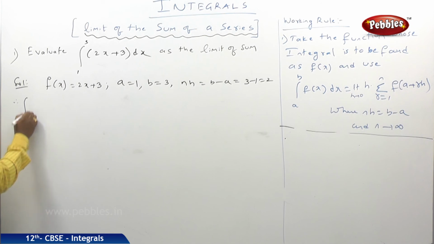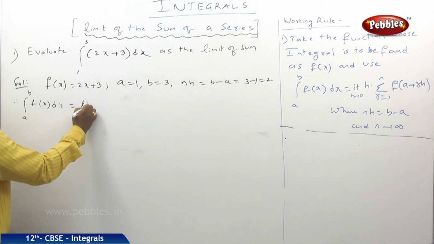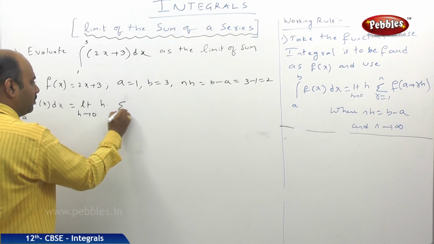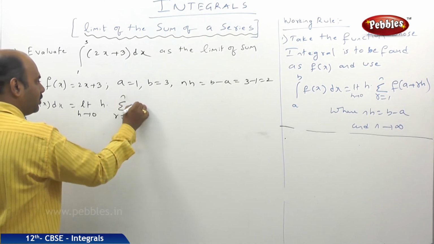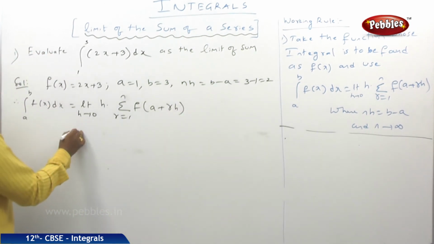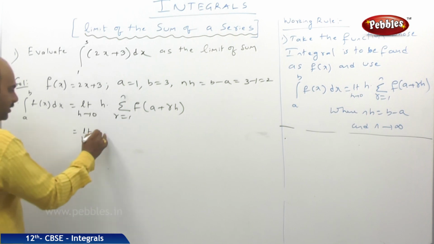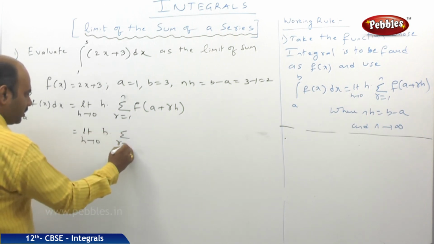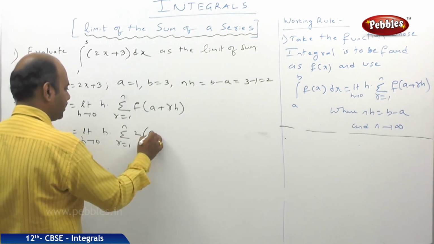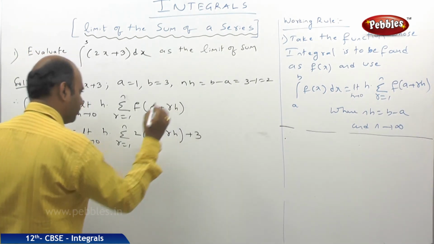Therefore, what is our formula? Integral a to b f of x dx is equal to limit h tends to 0, h into summation r equals 1 to n f of (a plus rh). So limit h tends to 0, h as it is, summation r equals 1 to n, f of (a plus rh), which means 2 into (a plus rh) plus 3.